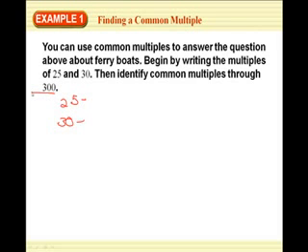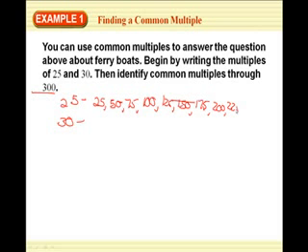So we've got to go to 300. So I'm going to list them. 25s are easy because I count by quarters. 25, 50, 75, 100, 125, 150, 175, 200, 225, 250, 275, and 300. 30, 60, 90, 120, 150.